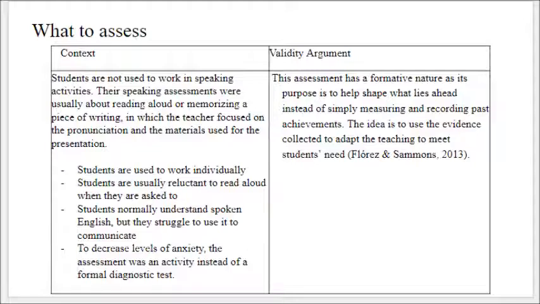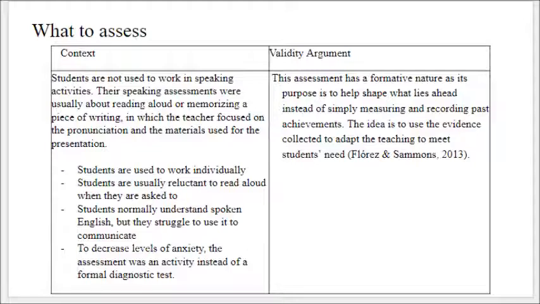So one of the purposes of this activity was to decrease students' level of anxiety, because as they are usually reluctant to speak in English, when they knew that this assessment was without a mark, they felt more confident and they started to work on this activity.